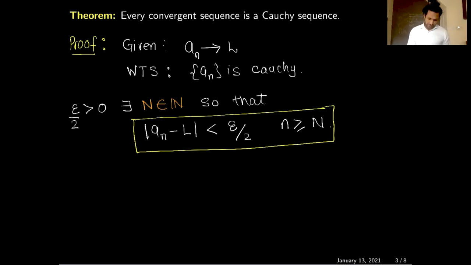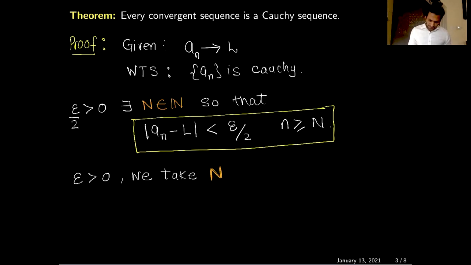To prove that the sequence is Cauchy, for all epsilon positive, we need to find a capital N. I'm going to take the same capital N which I found before.